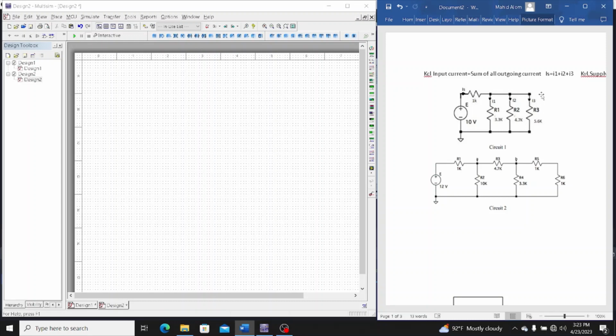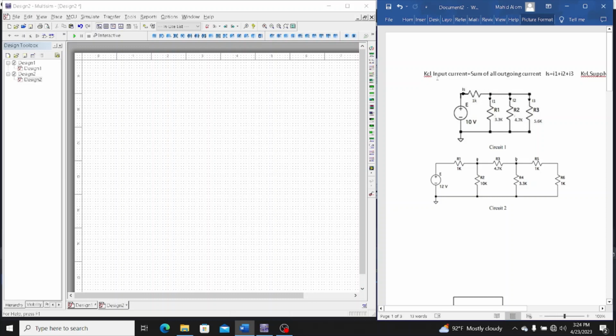KCL states Kirchhoff's current law: at a point or at a junction, the entering current is equal to the sum of the outgoing current. Here in this circuit, this point is the junction, and the incoming current is Is, and the outgoing currents are I1, I2 and I3.